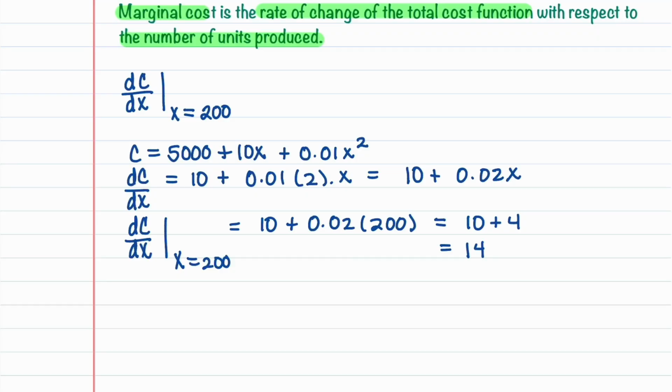Cost is in terms of dollars, so this is dollars. And then our dx is in the denominator, so our x unit has to be in the denominator, and that is the number of items. So we have $14 per item. We can conclude from this that our marginal cost is $14 per item.